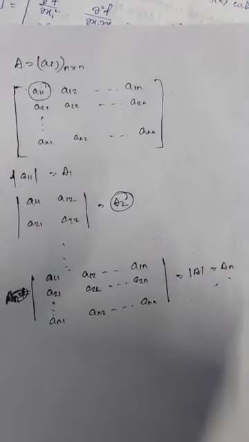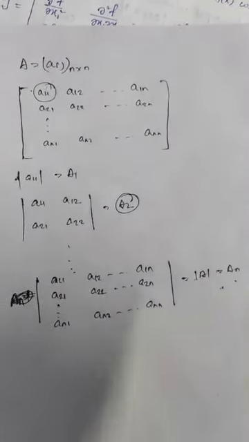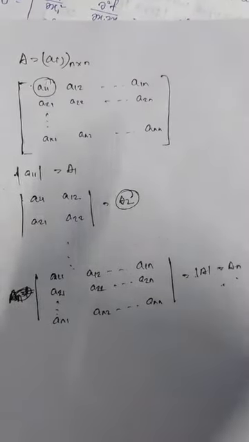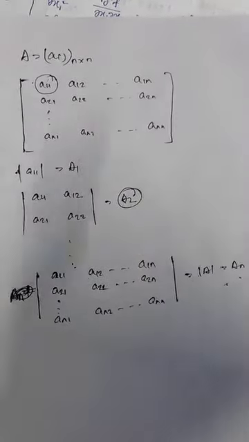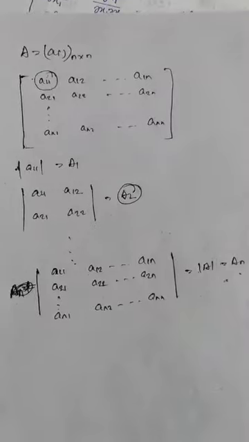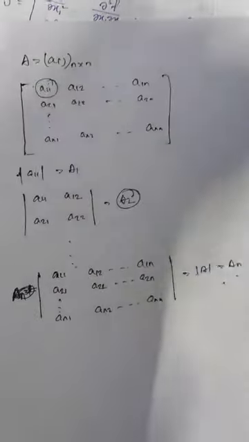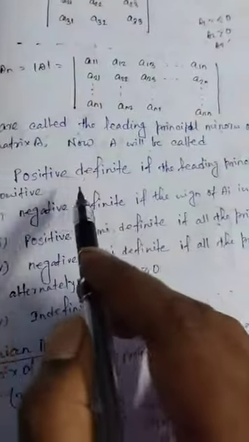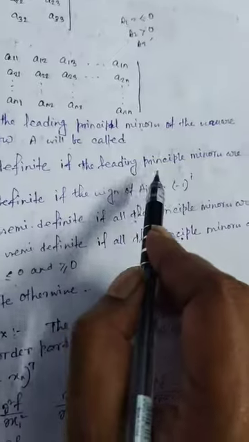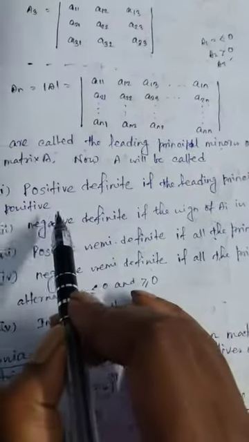So now the question is how can we say that the matrix is positive definite, negative definite, or indefinite? Now I will just conclude. A matrix is positive definite if the leading principal minors are positive.